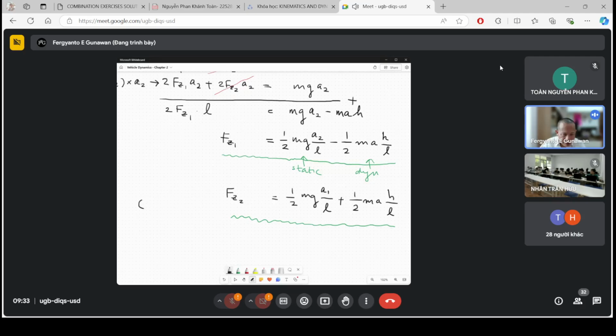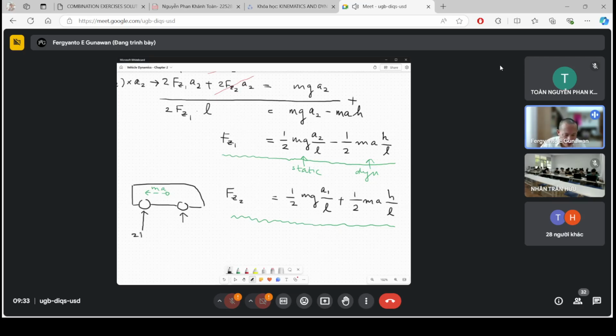So if I draw the vehicle again, for example in here, and this is the vehicle, and because the inertia force is in this direction, which is M and H, it produces a much bigger force in here than in here, right?